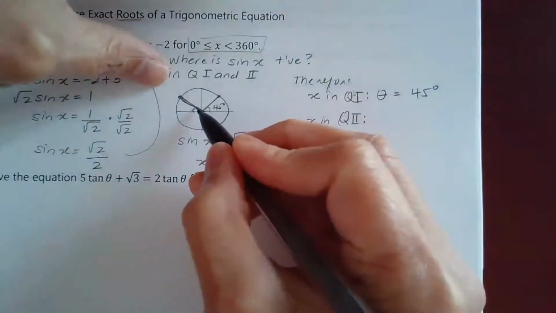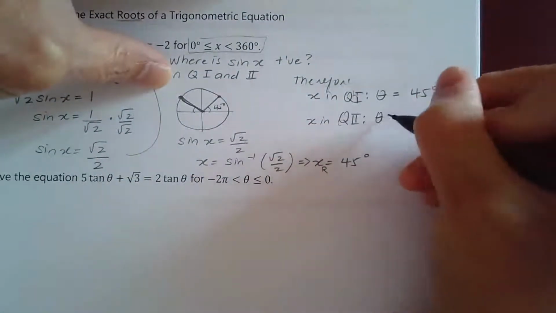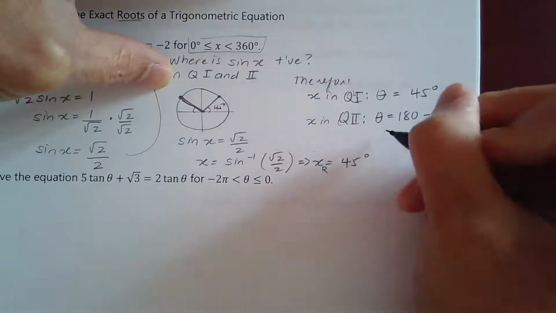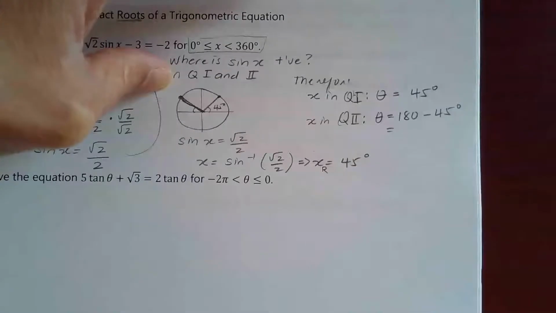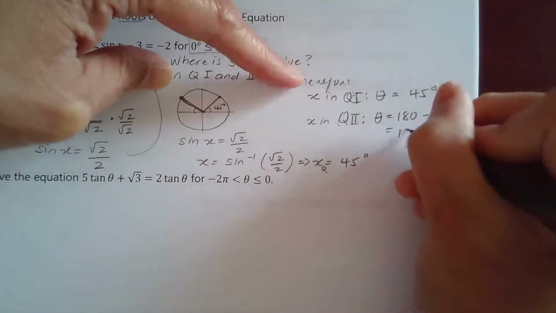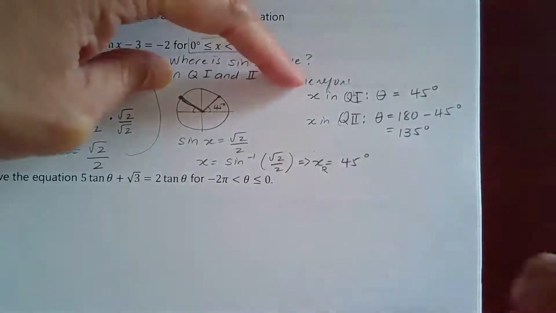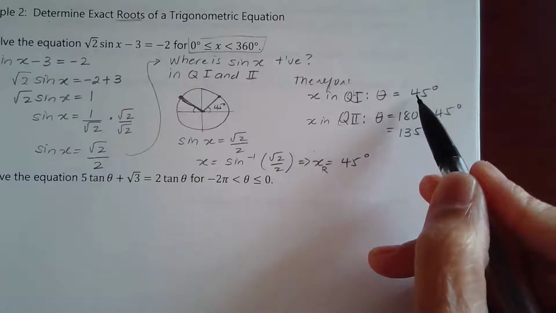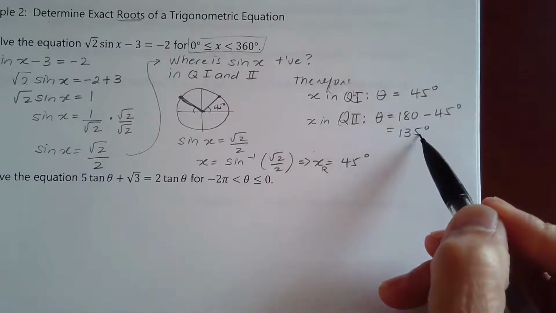In quadrant 2, theta is equal to 180 minus 45 degrees. 180 minus 45 is 135 degrees. So 45 degrees and 135 degrees.